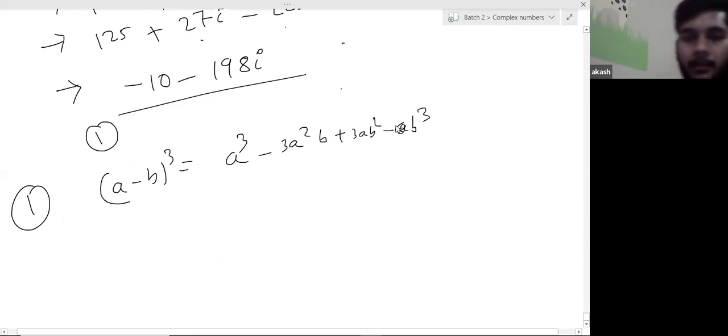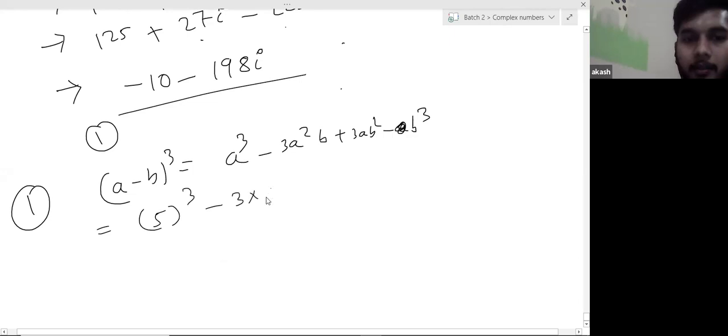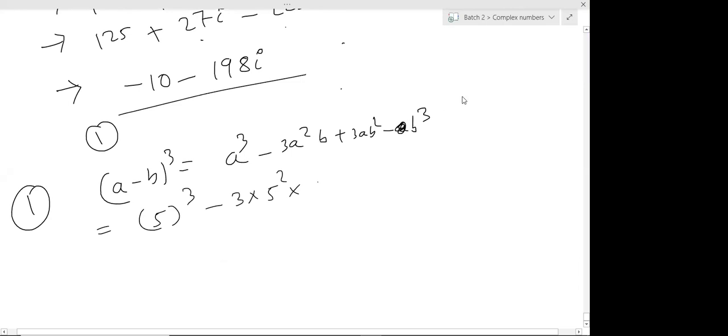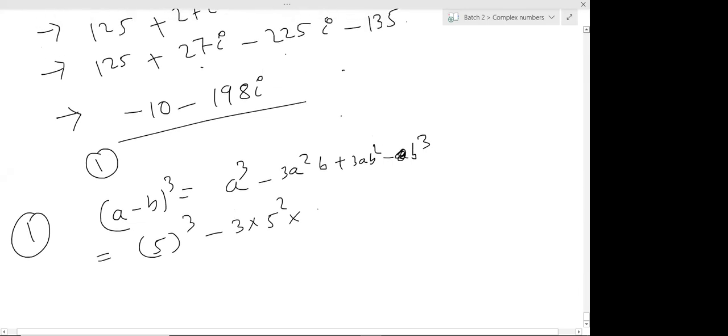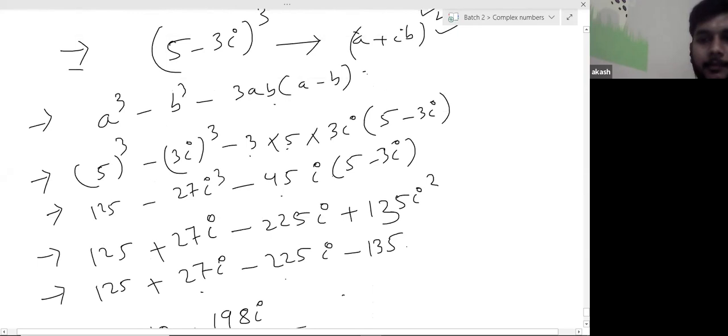This formula you used, right? Yes, sir. So we have a cube as 5 cube minus 3 into 5 square into b. What was the value of b here? 3i. Okay.